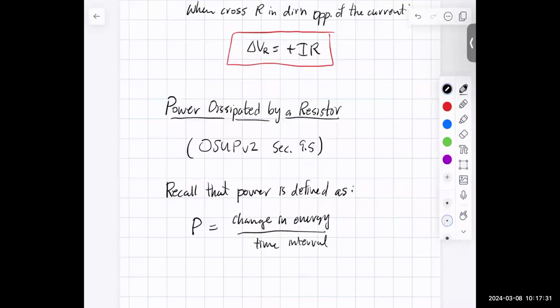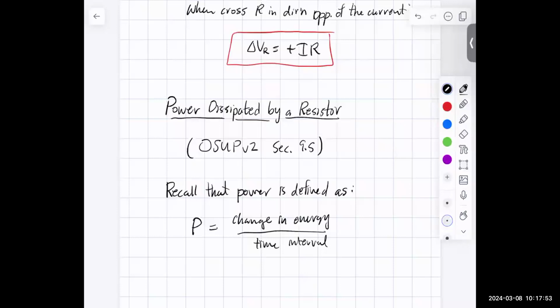And then if we want to calculate the power, we would take that change in energy and divide by delta T. So in Physics 111, you would say, okay, force times displacement, so it's F delta X divided by delta T, then you can say delta X divided by delta T was speed or velocity.